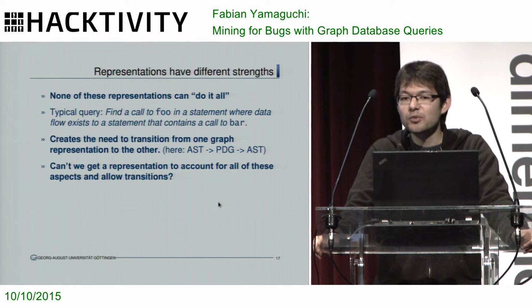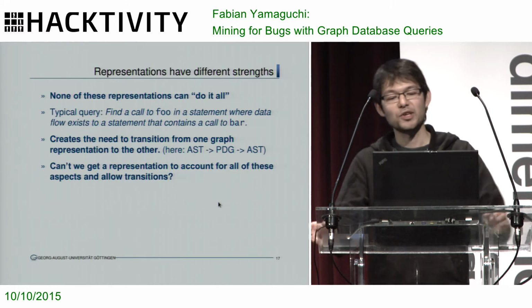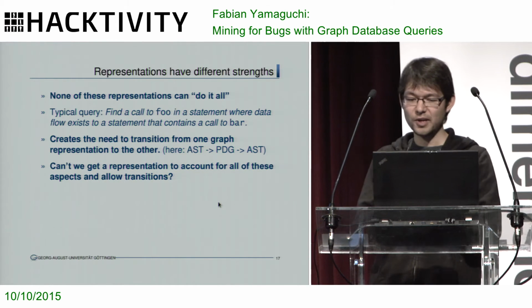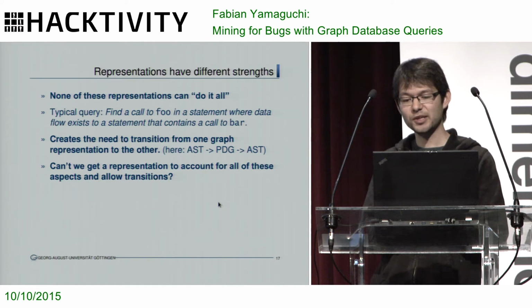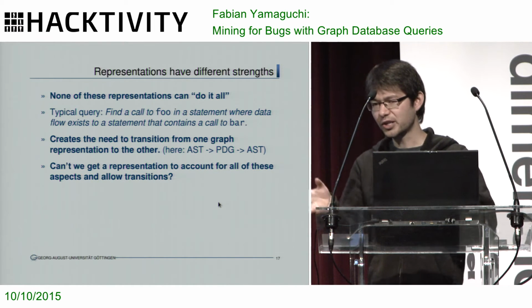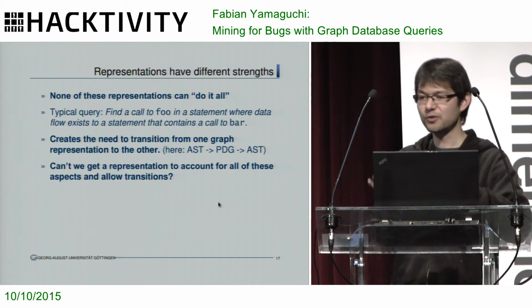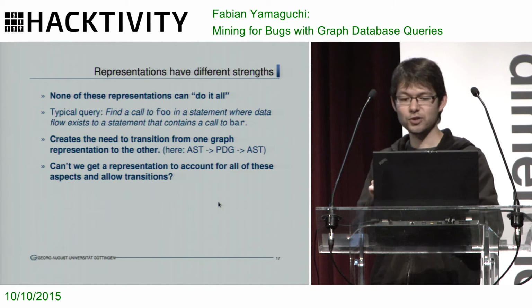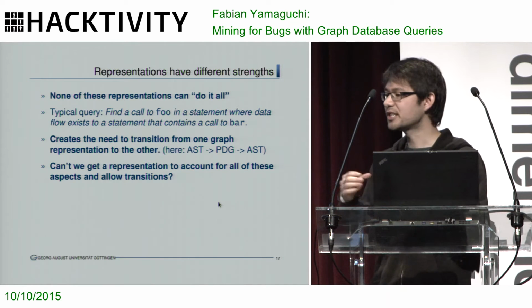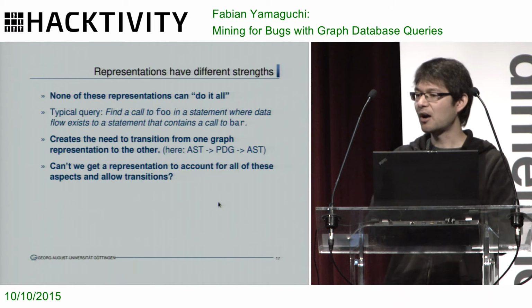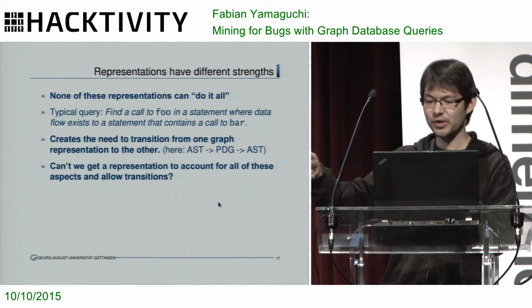If you take a look at a typical query, it's more like, find me a call to foo in a statement where data flow exists to a statement that contains a call to bar. So actually, what you're doing is, first you're describing syntax. You're saying, find a call to foo. That's something syntactical. Then you're saying, but now I want to reason about data flow. Now I want to see where this data is propagated to.